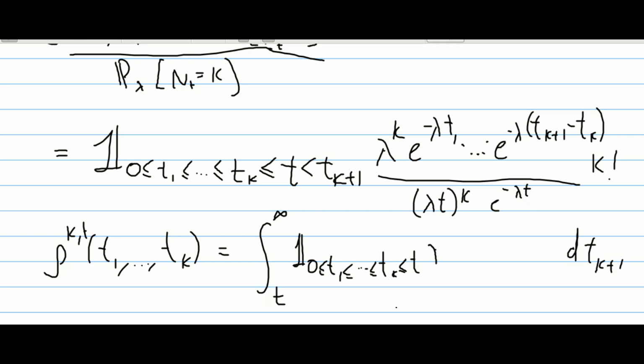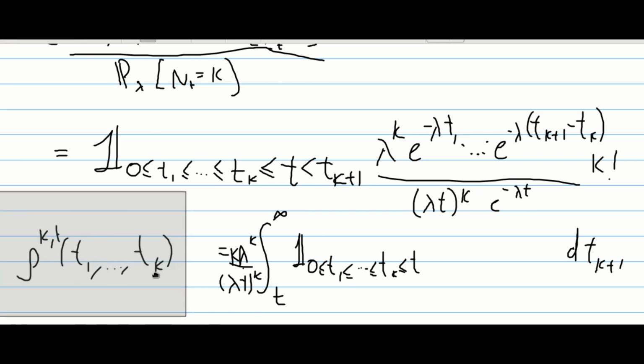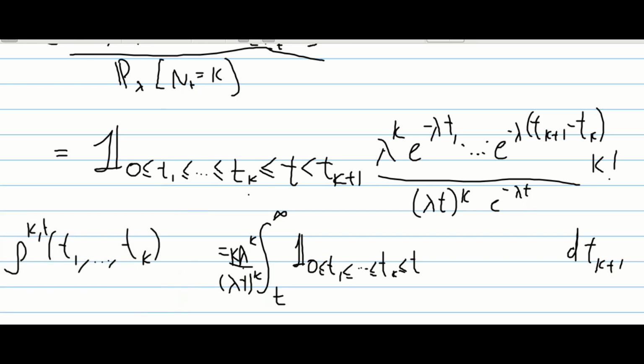Lambda to the k can go outside. K factorial can stay outside. Lambda t to the k can stay here. As well as, okay, I'm running out of space. Let us do it more cleanly. So we have lambda to the k over (lambda t) to the k.